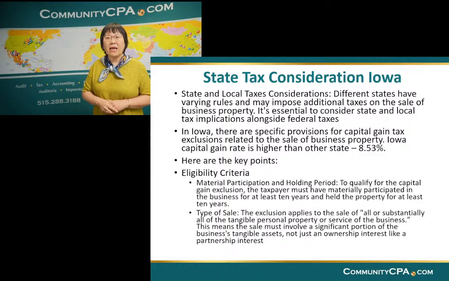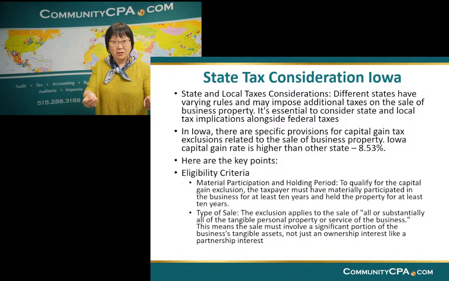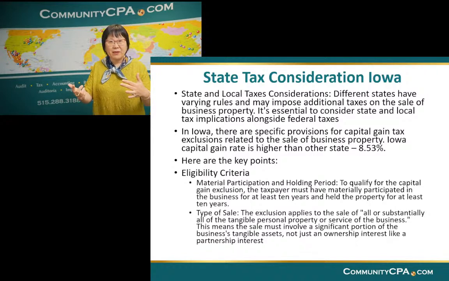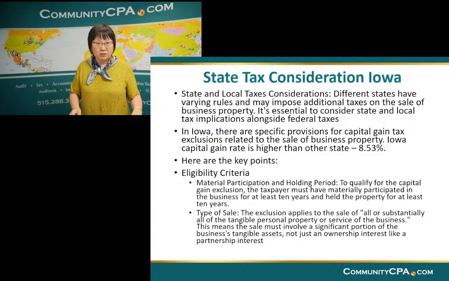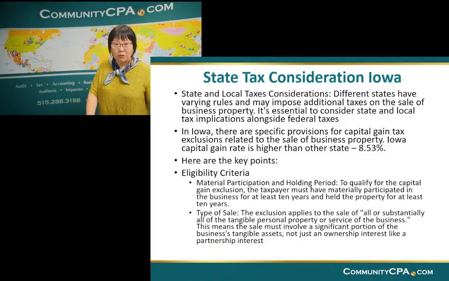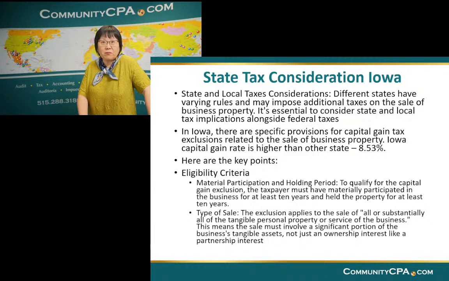You walk away from the 8.53% capital gain as long as you meet those criteria, which are: you have held it for at least 10 years, you materially participate, and you sell all or substantially all of the tangible business property. So that's Iowa. When you are in business in Iowa and you calculate your sale, if you meet these criteria, you don't have to calculate the state tax impact for you, right?